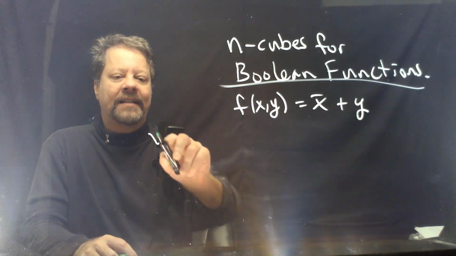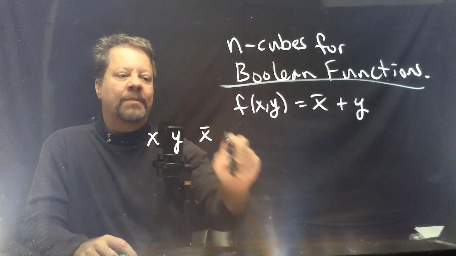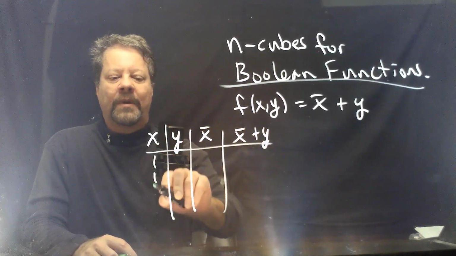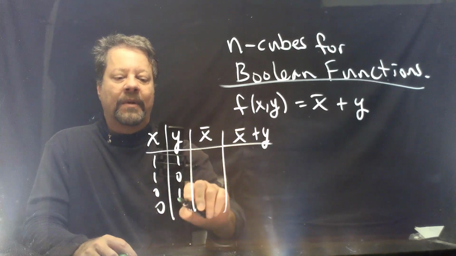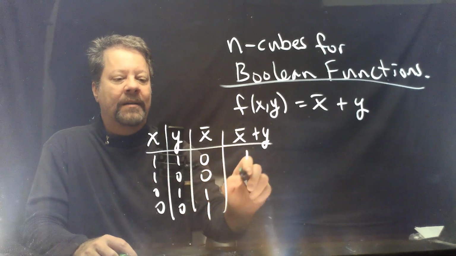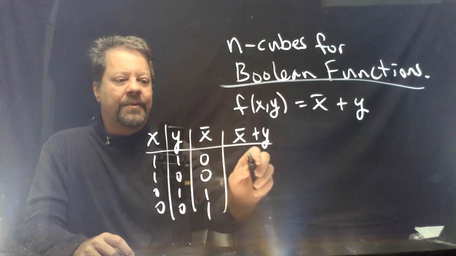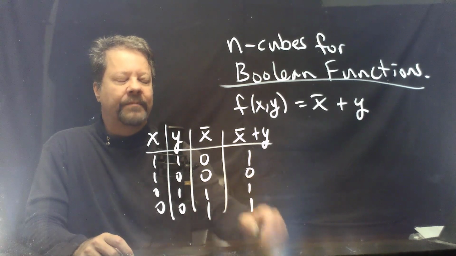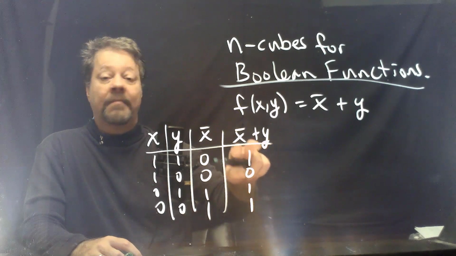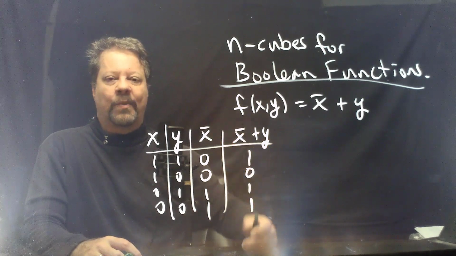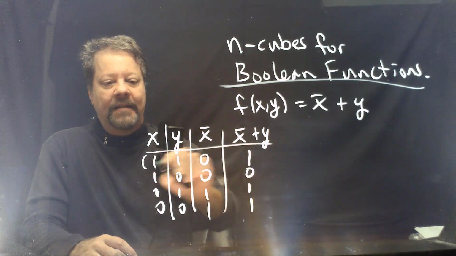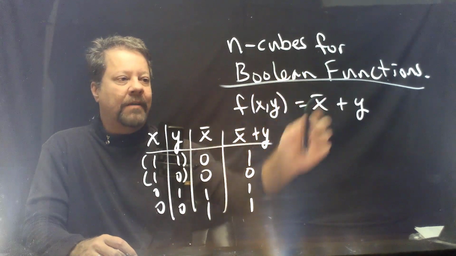Now we had the table x, y, x bar plus y, 1, 1, 0, 0, 1, 0, 1, 0, 0, 0, 1, 1, and then the OR statement between these two columns, which is 1, 0, 1, 1. And we mentioned that this corresponds nicely to the proposition x implies y.